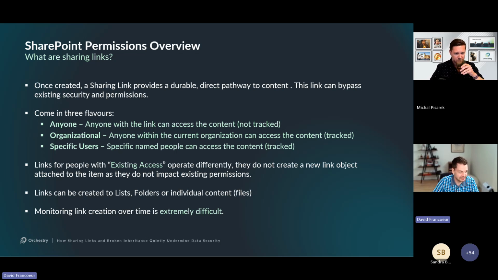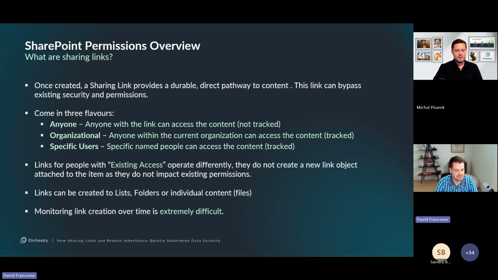Once you create a link, it provides what I like to describe as a durable pathway to the content. These come in three flavors: the anyone link, the organizational link, and the specific users link. Of these three, it's pretty easy to argue that the safest is the specific users link, because you're designating specific people, so you're actually thinking about it.